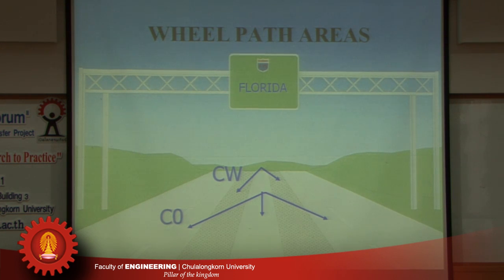The way it's done is that they separate into 2 parts: the cracking along the wheel path, that's CW, and cracking outside of the wheel path, the CO. So you do a rating along the wheel path and a rating outside the wheel path.